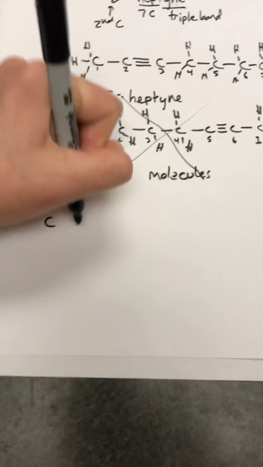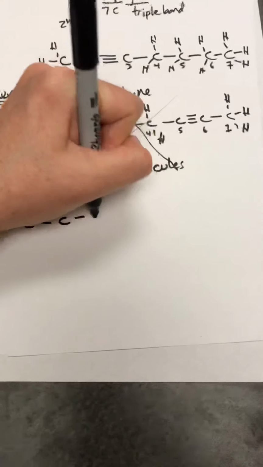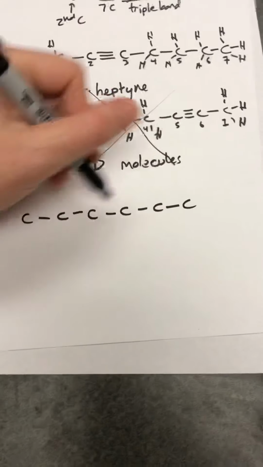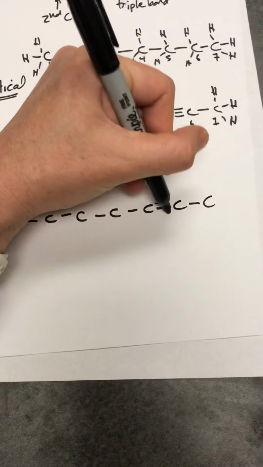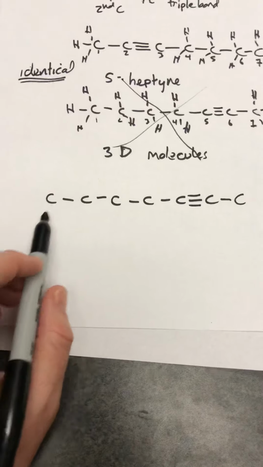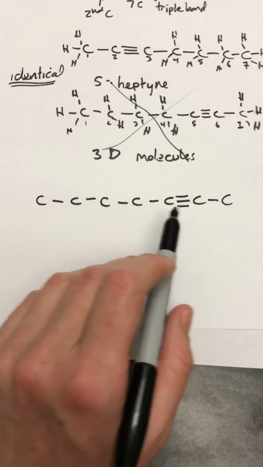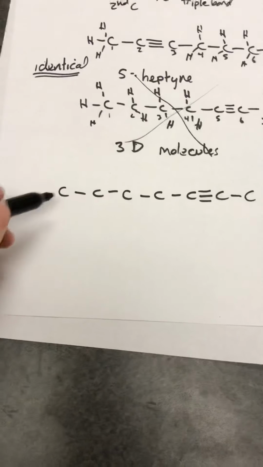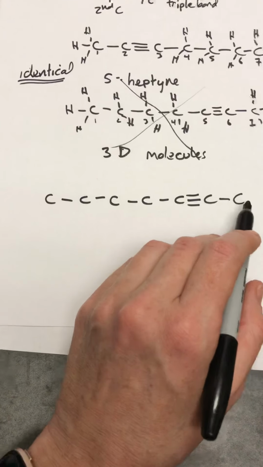But if you were to see a molecule that looks just like that, so we've got 1, 2, 3, 4, 5, 6, 7, and let's just say that the hydrogens are on it already, what you'd want to do is look for the end that has the double bond, something that's different than a single bond. I would say it's closer to this end.